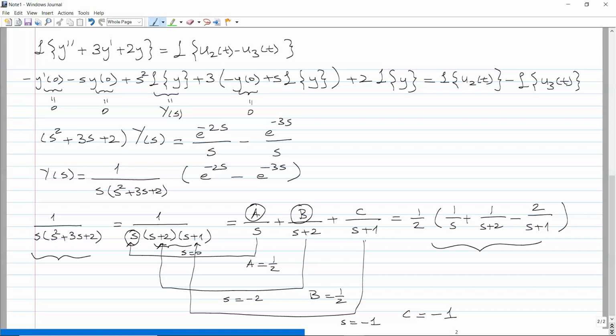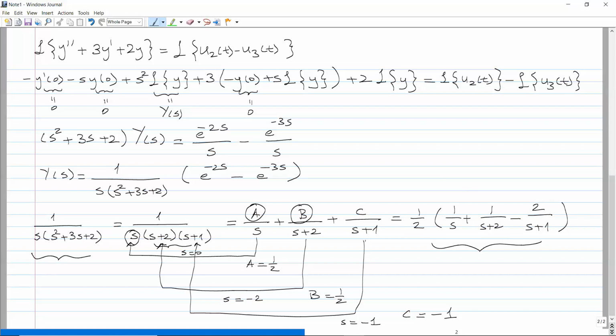So when you multiply by 1/2, it is minus 1. All right. So check that this side, 1 over s plus 1 over s plus 2 minus 2 over s plus 1, times 1/2, is really equal to 1 over s times s squared plus 3s plus 2. So check your work.